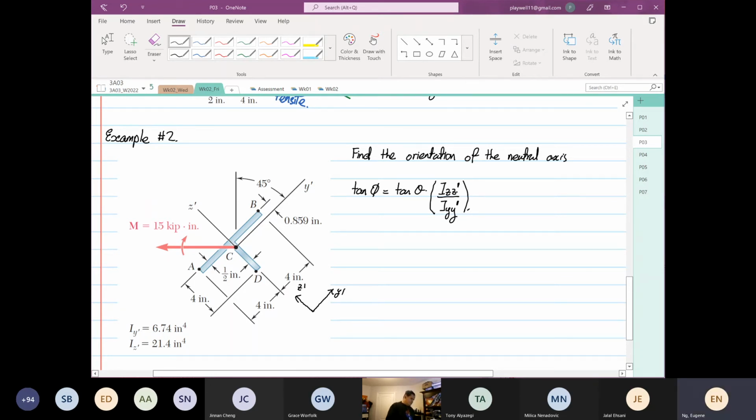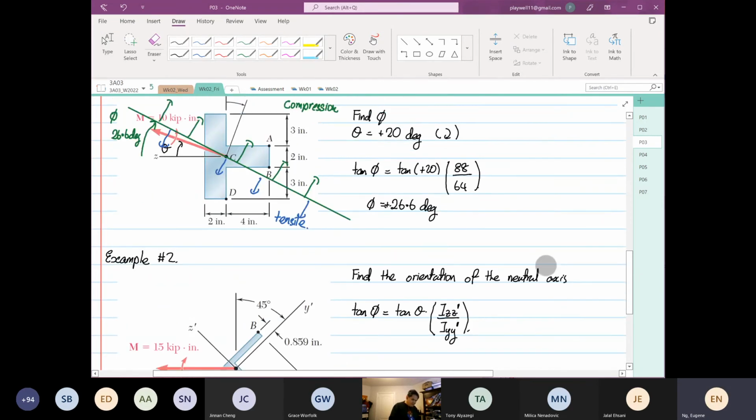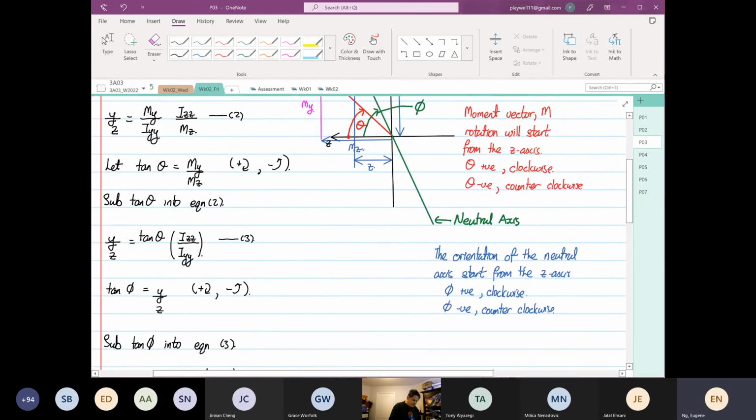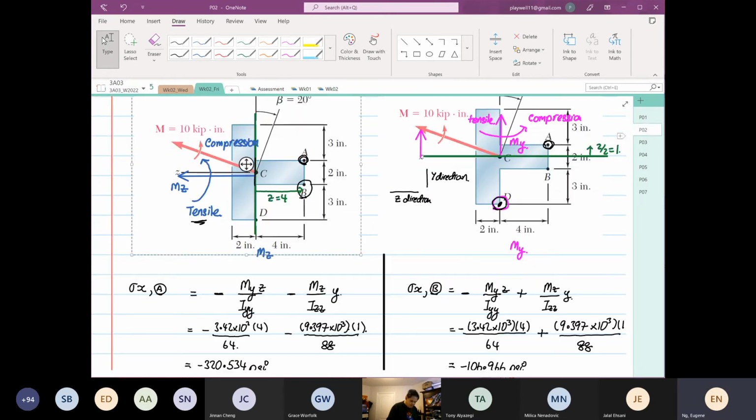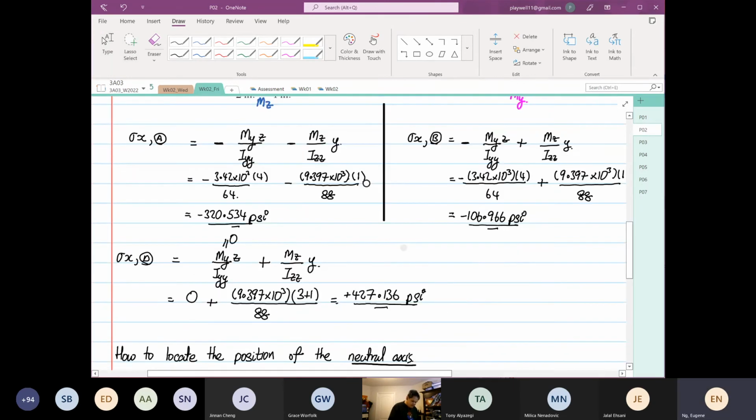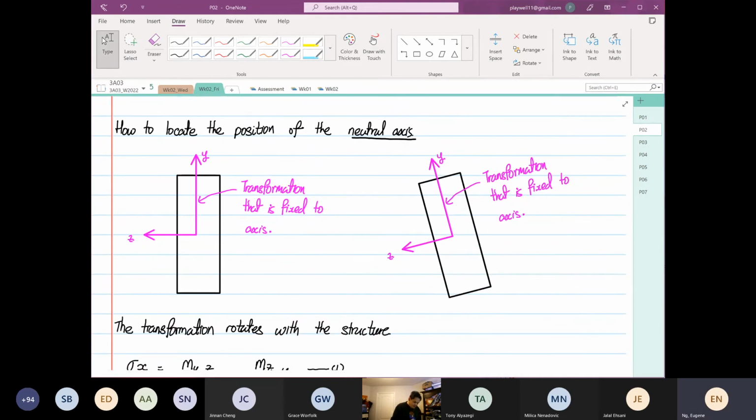Some of you say, Eugene, why is that? When we derived this expression, what did I tell you? That the transformation rotates with the structure. So when it's moving off the x and y, they call it z prime and y prime.